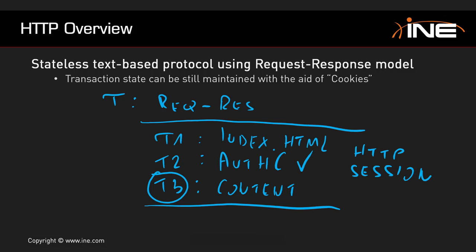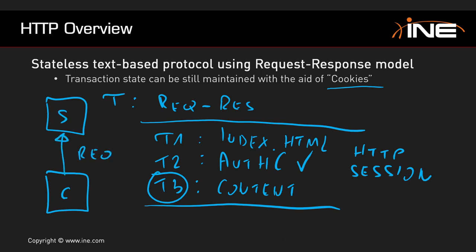And this is exactly where the concept of HTTP cookies comes into play. With cookies, the concept is all about maintaining certain information between a client and a server. Like when our client sends a request, let's say to authenticate with a server, and the server replies saying that authentication was successful.